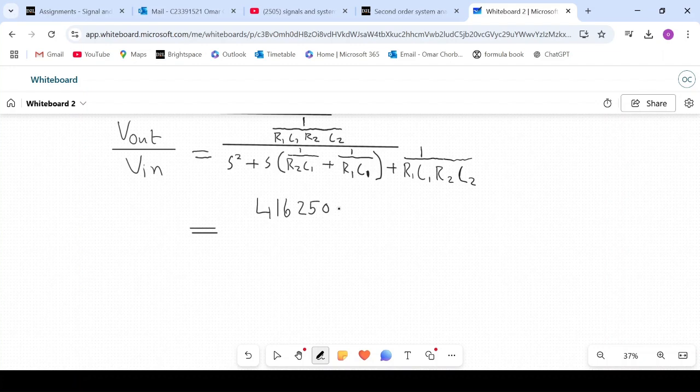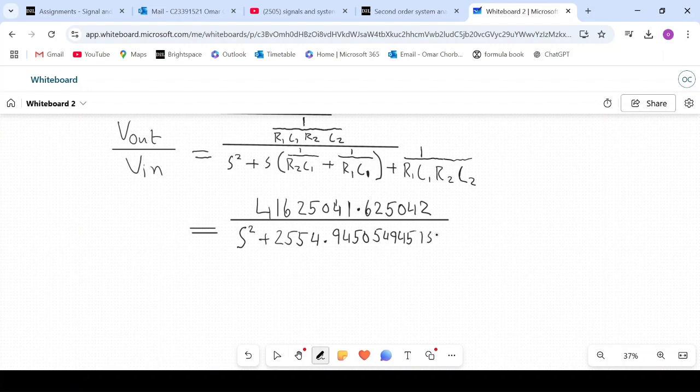On the top, you'll get 416250.41, and for the bottom, it will be S squared plus 2554.94 S, and then plus 416250.41 at the end.